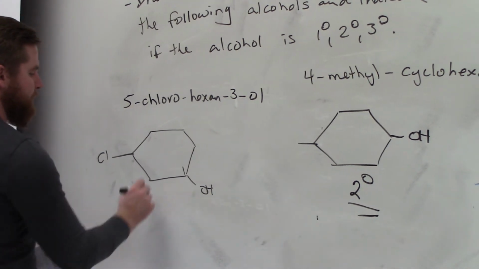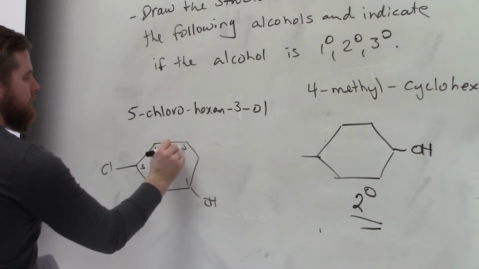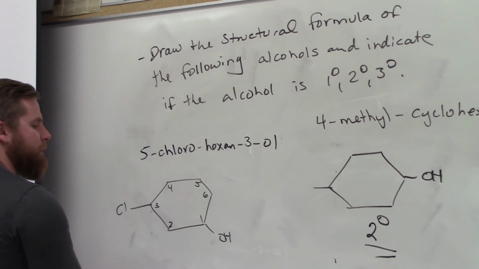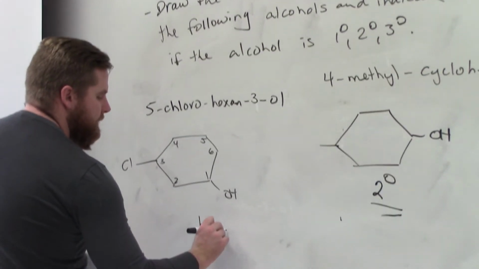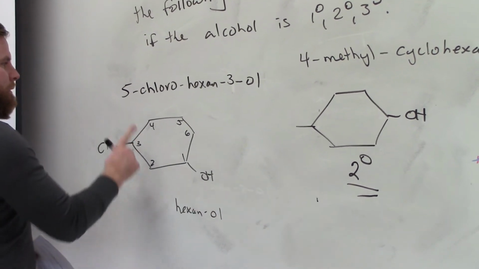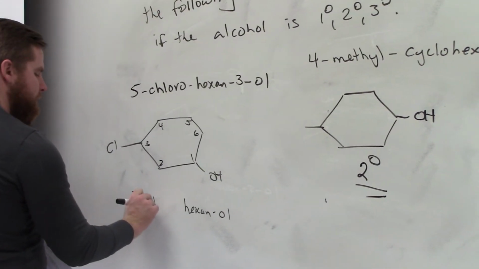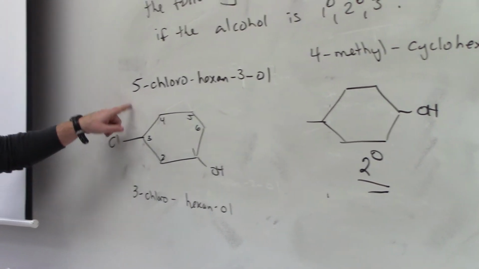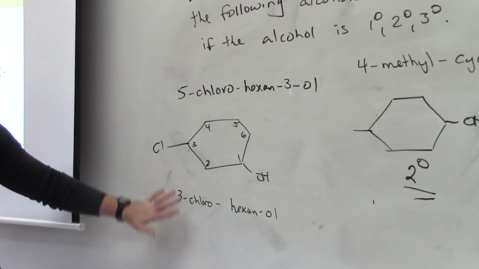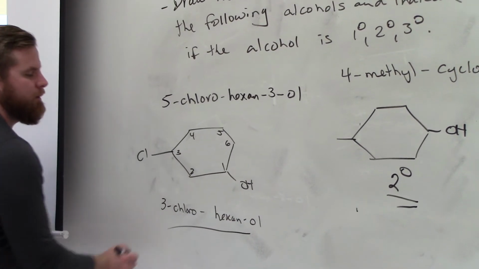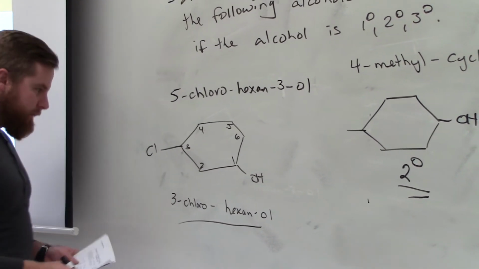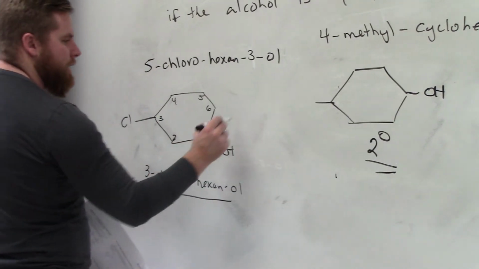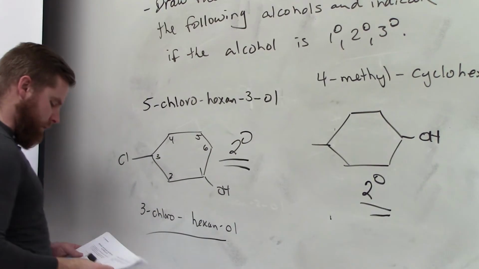So this is actually carbon 1. So the proper name for this is 3-chlorohexanol. So again, you have to have this skill. If it's named improperly, you need to be able to name it properly. Okay? And again, this is a cycloalkane, so here's your carbon attached to 2 other carbons. That is a secondary alcohol.